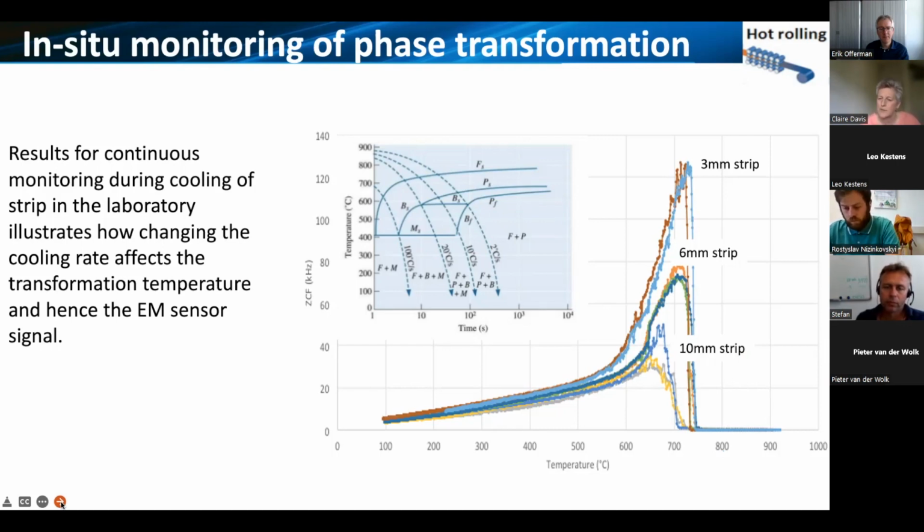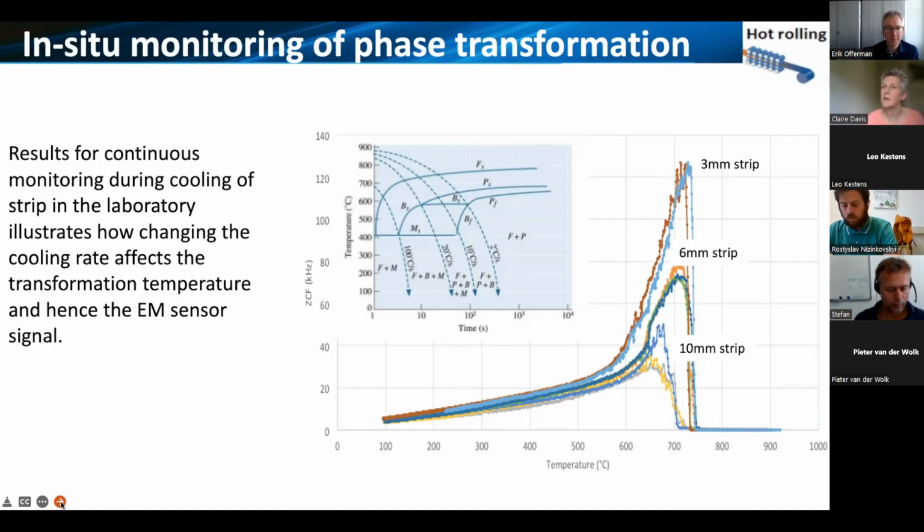But above 770, we have a flat line because our material is not magnetic, so we get no signal at all. But below the Curie temperature, we get to see the effect of cooling rates and strip thicknesses on where the transformations occur, and therefore the signals.